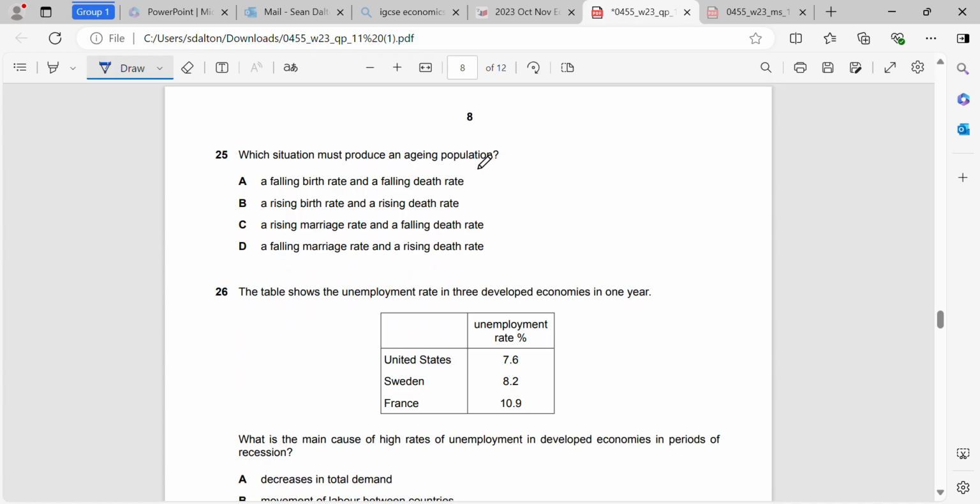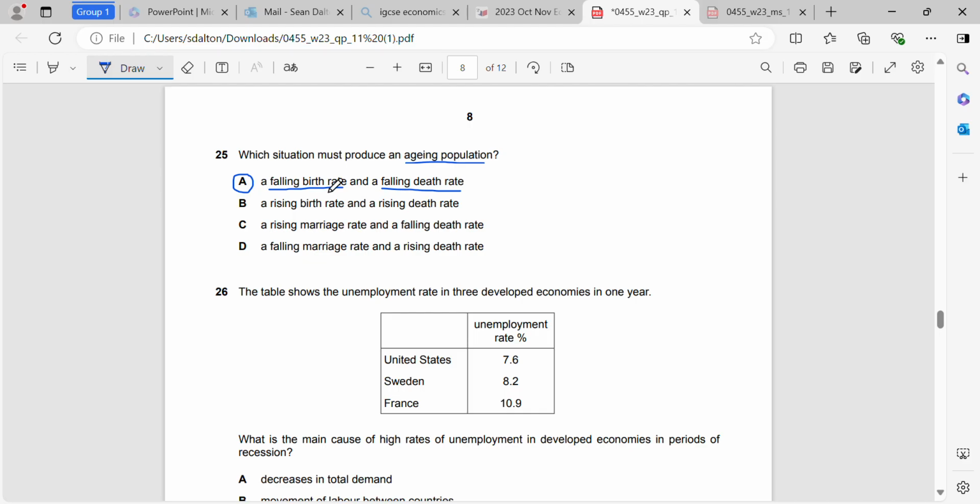Okay, what situation must produce an aging population? So, to have an aging population, you would have to have a falling birth rate and a falling death rate, right? So if the death rate is going down, there is less people dying in a country, and if the birth rate is going down, there is less people being born.